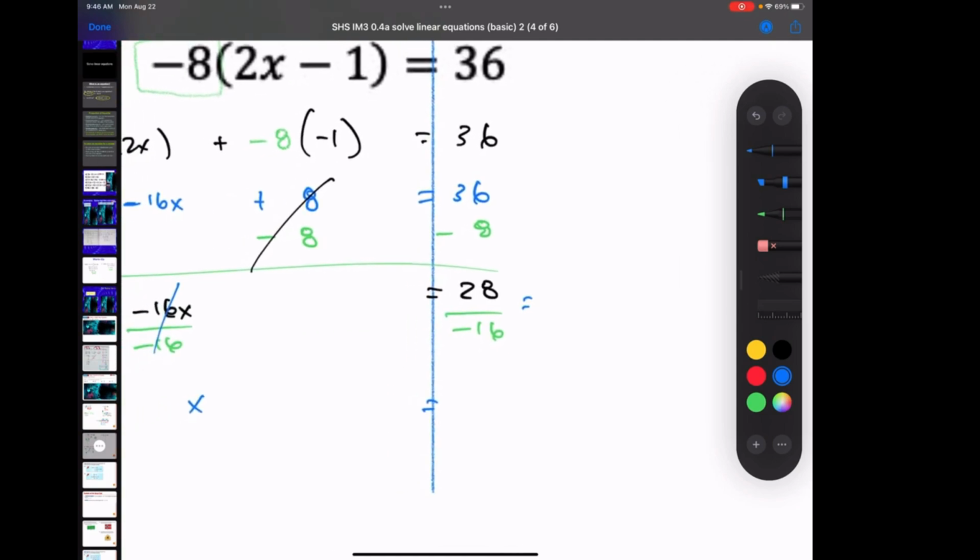Here you can use your factors. So 4 times 7. 16 is negative 4 times 4. And I'm going to cancel the 4's because 4 divided by 4 is 1. So our answer is going to be negative 7/4. Although the negative is on the denominator at the bottom there, I'm putting it in line with a fraction.